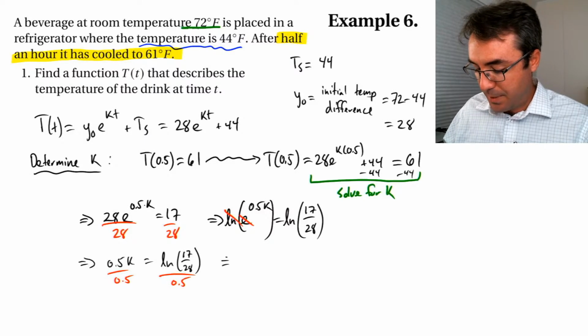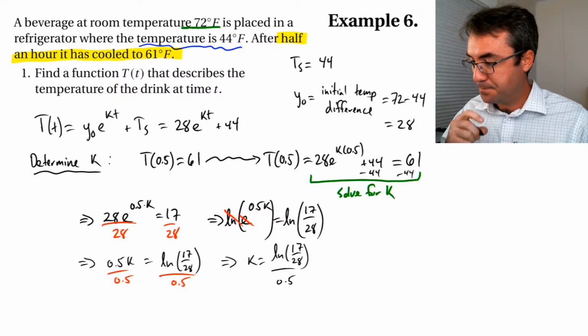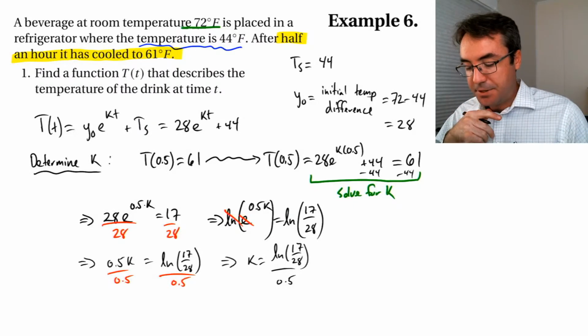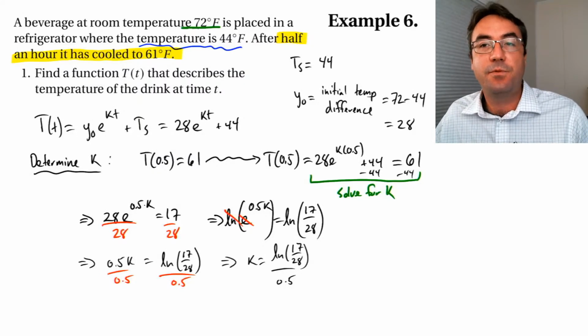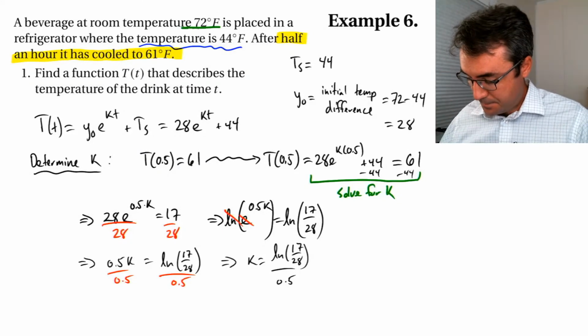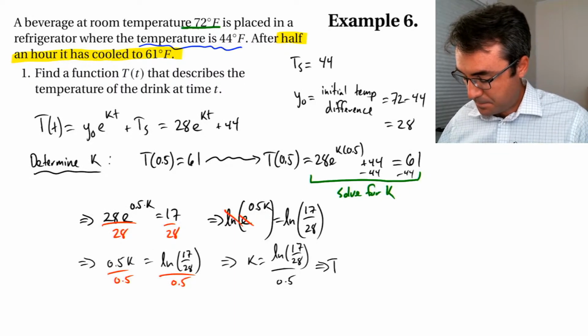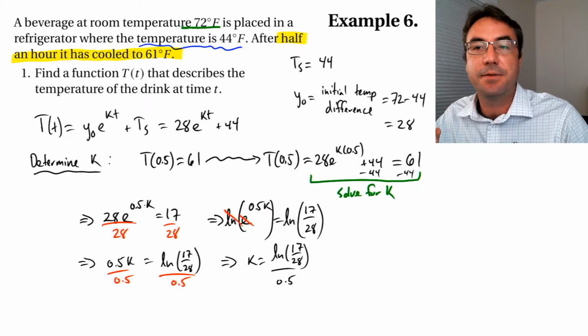So what do we get? K is equal to natural log 17 over 28 divided by 0.5. If we put that back into our formula, that gives us a formula for function capital T. I'm probably going to run out of room, so I'll write it on the next part of that.